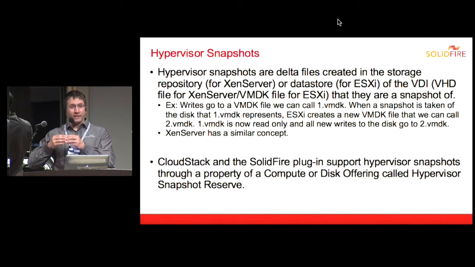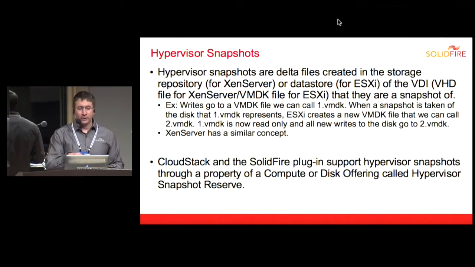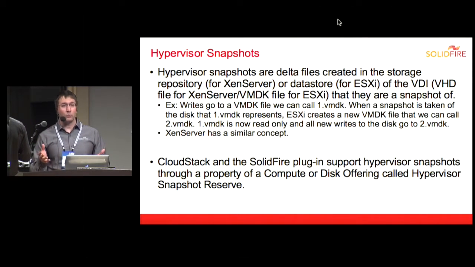The old VDI will stay the same way it was when you took the snapshot, and the new VDI will collect the new writes. That way, if you ever want to, you can revert back to where you were when you took the snapshot. So there's this parent-child relationship between virtual disk images within a storage repository. VMware has the same idea with VMDK files. They're implemented similarly, not exactly the same.